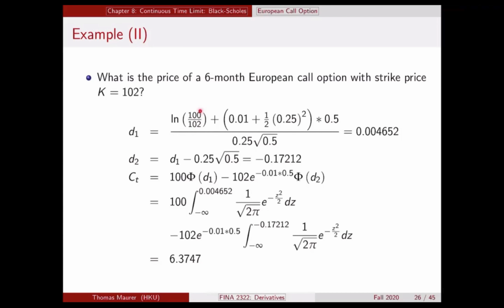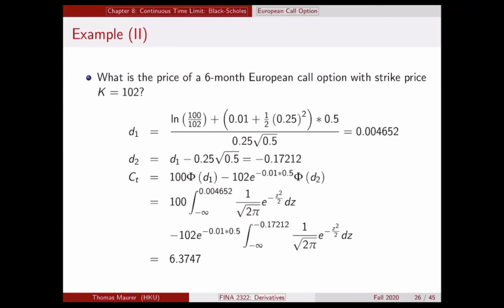So here we are slightly out of the money, plus the risk-free rate plus 1/2 the variance of that underlying asset, so the standard deviation squared, times the time left to maturity, 6 months. So that would basically tell you what is that expected increase in the price of the underlying asset during the lifetime of the option under that Q star probability measure.